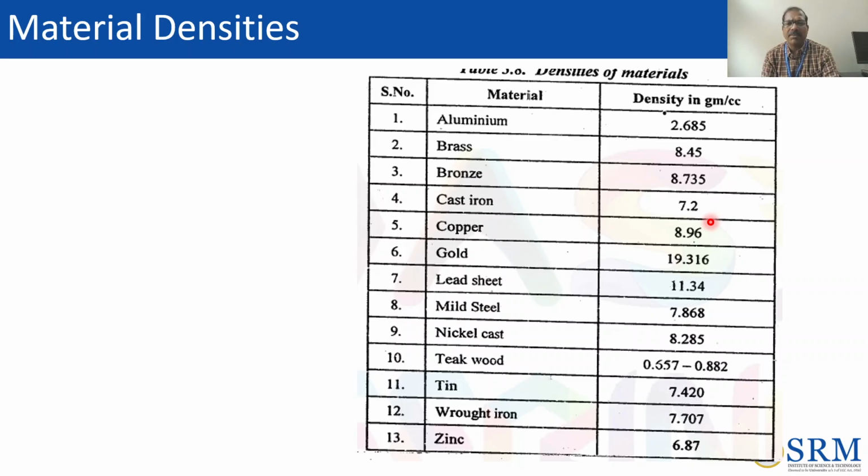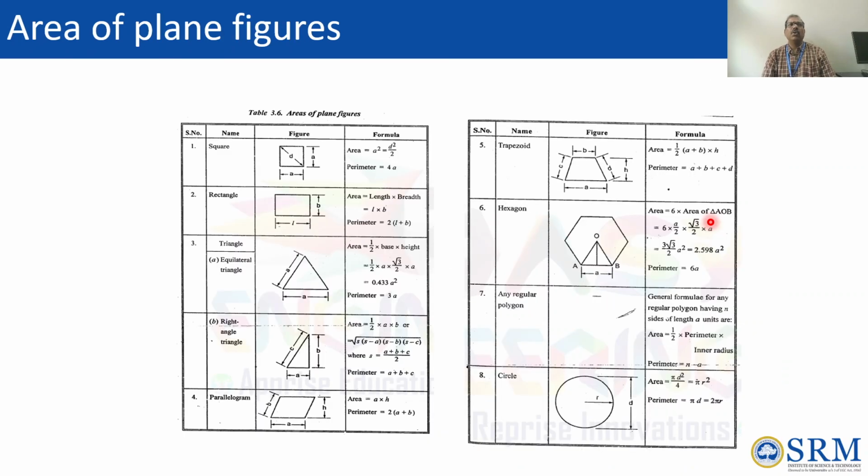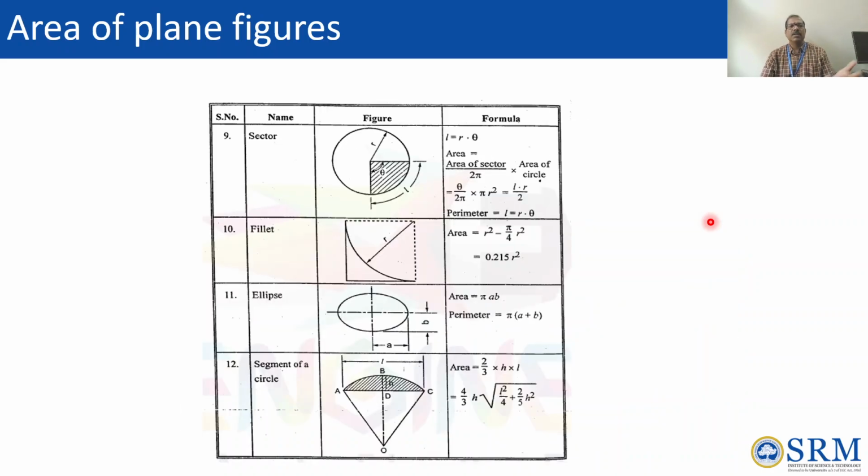If not, we need a fundamental idea of the density for aluminum, brass, bronze, cast iron, copper, gold, mild steel, zinc, and tin. Similarly, we need to know how to calculate the volume or area for the different features of a product. Just to recollect, I have given it here.